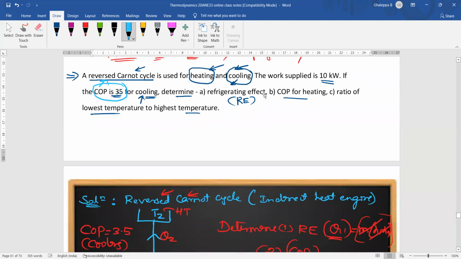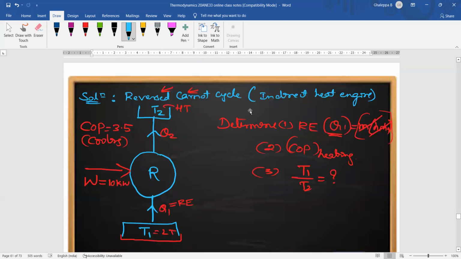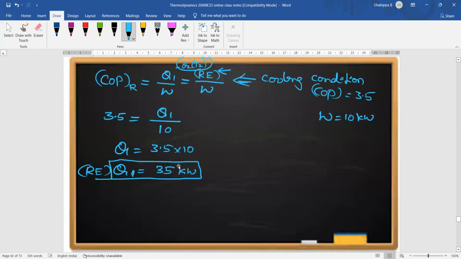Dear students, sometimes in the question paper, he may ask you to calculate in terms of tons of refrigeration. This is in terms of kilowatt, not in terms of ton. Do you remember, 1 ton of refrigeration is equal to 3.5 kilowatt or 210 kilojoule per minute.